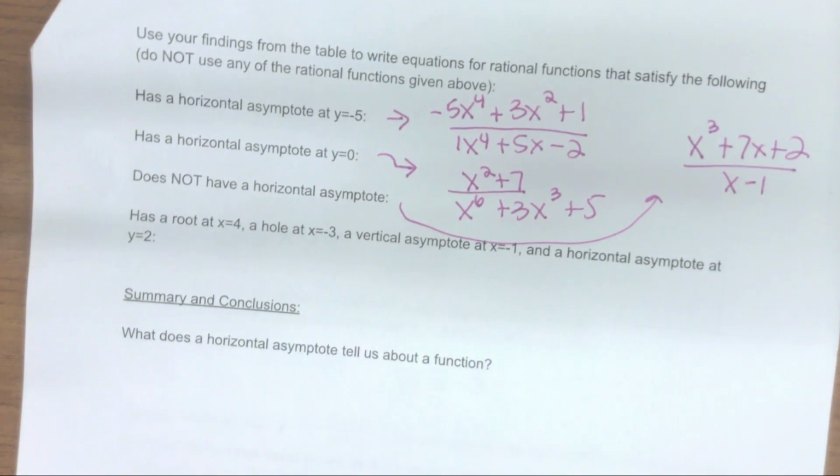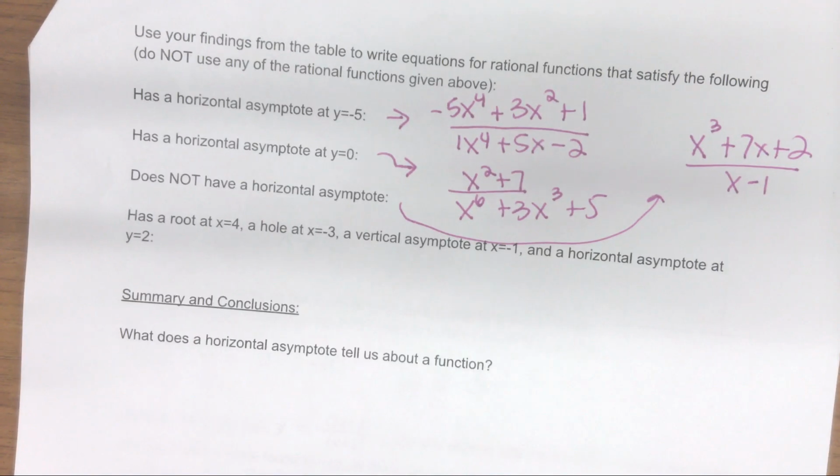Now, one thing to note, because some kids were asking me this in 6th hour. They asked me, well, Miss Comrie, how come you said it has a horizontal asymptote, but it crosses it in the middle? Did anyone notice that yesterday, that it crossed in the middle? Even the one we just did?